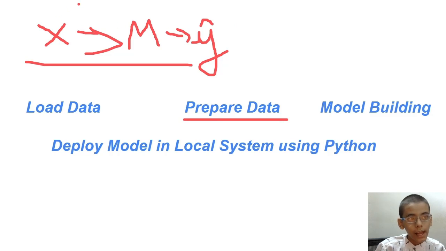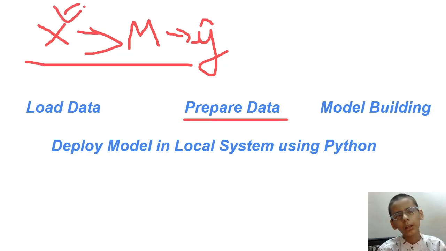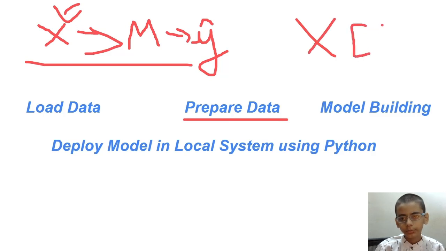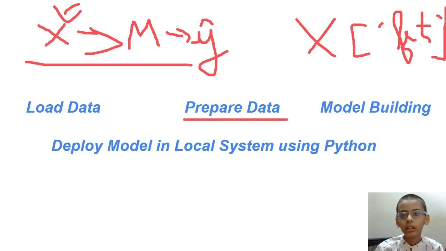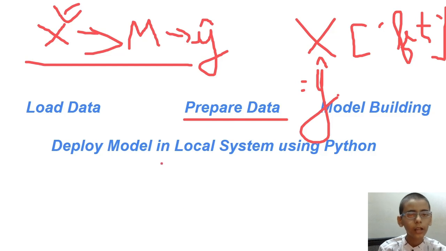The X must be numbers, and duplicates must not be in our X values. So we prepare our data and do feature engineering, and we get a new Y hat, which is more helpful and more accurate, and the model will be much more accurate than before.